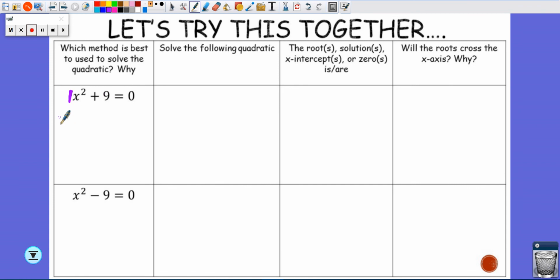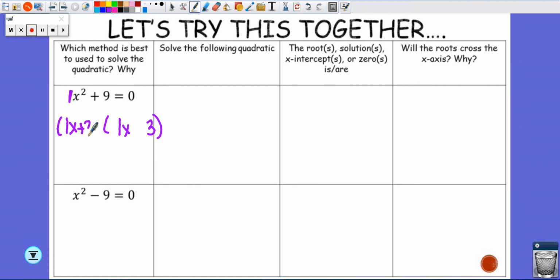So the square root of 1 is 1, so I write 1x. The square root of 9 is 3, so I write 3 here. And then I write 1x and 3 again. Now, since this is a plus, when I factor this, it is not going to be a real root.